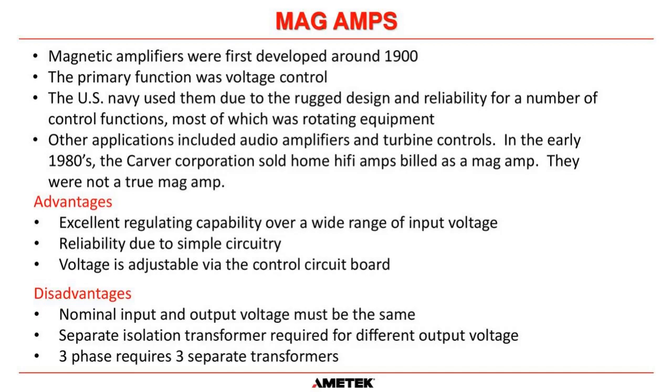The advantages of mag amps are excellent regulating capability over a wide range of input voltage. Reliability, because they're just simple. There's not much to go wrong with them. And you can adjust the output voltage with the potentiometer.